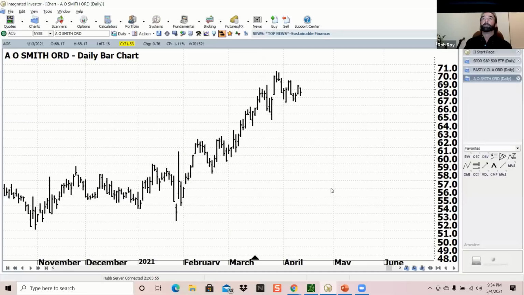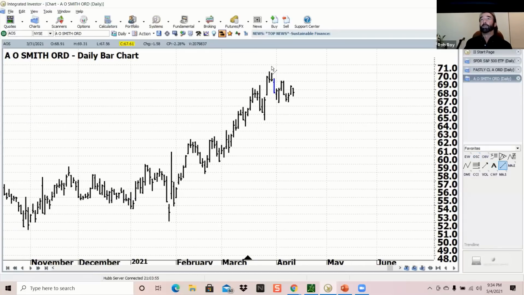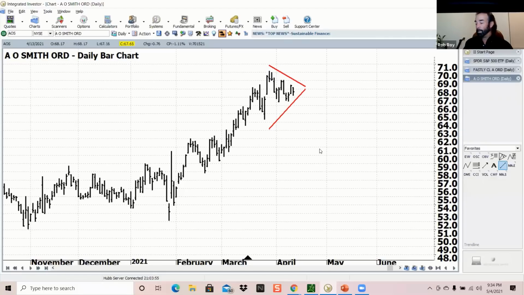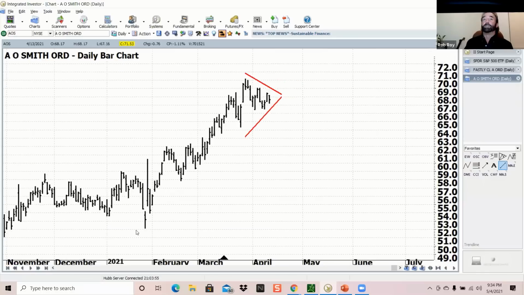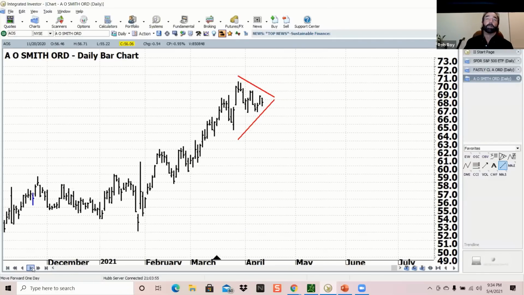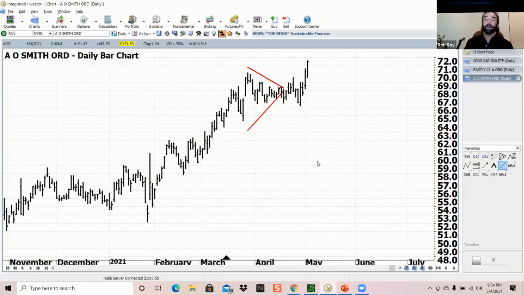See that triangle here? You're starting to see the formation of a triangle. So we talked about, well, let's just go ahead and turn this into a strangle. You're already moving to the upside, and there we go. We've continued to break higher.